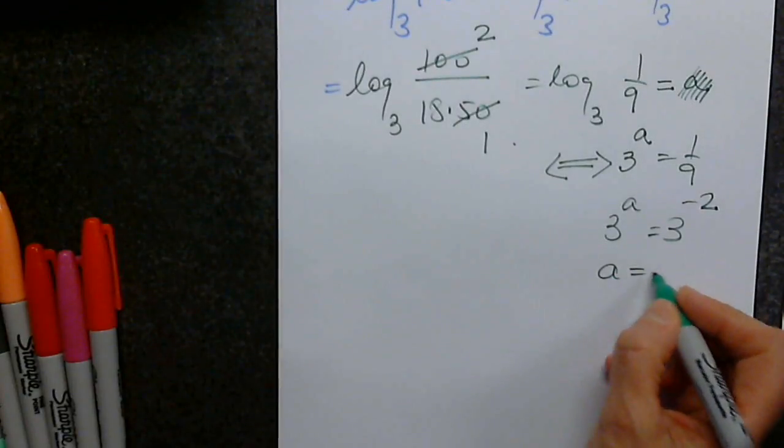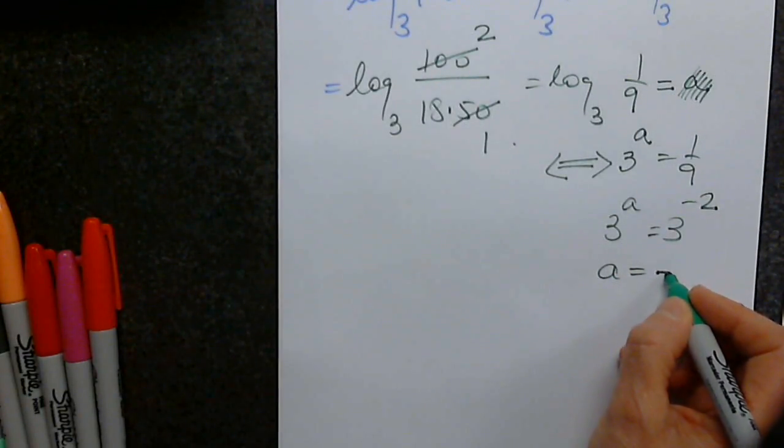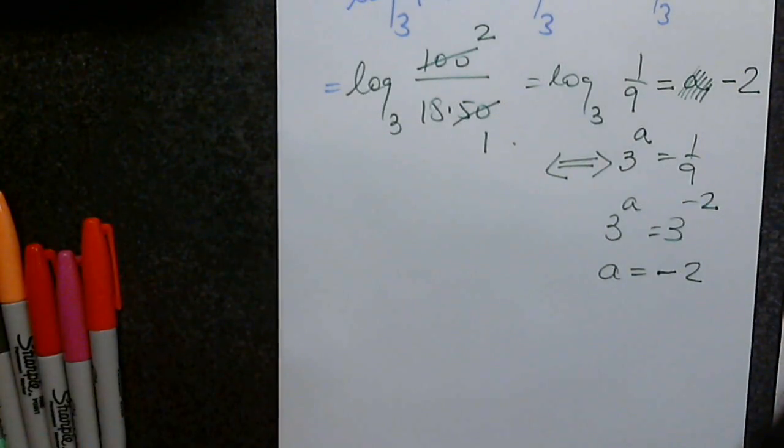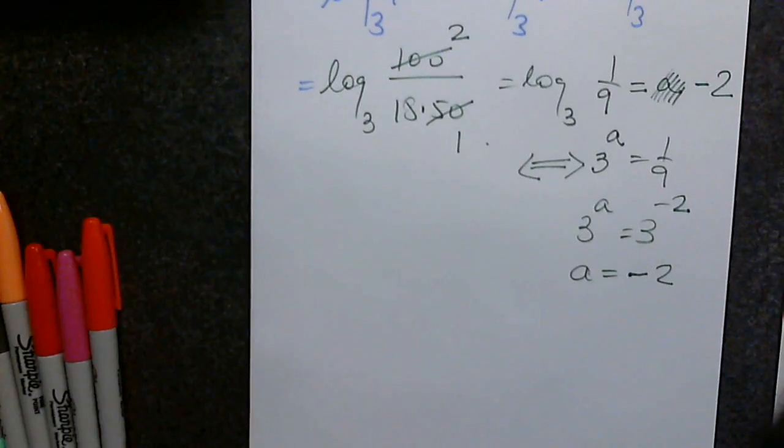So then I know the answer is negative 2. See if we need another example from here, from 7 through 18. If not, we are going to expand or condense.